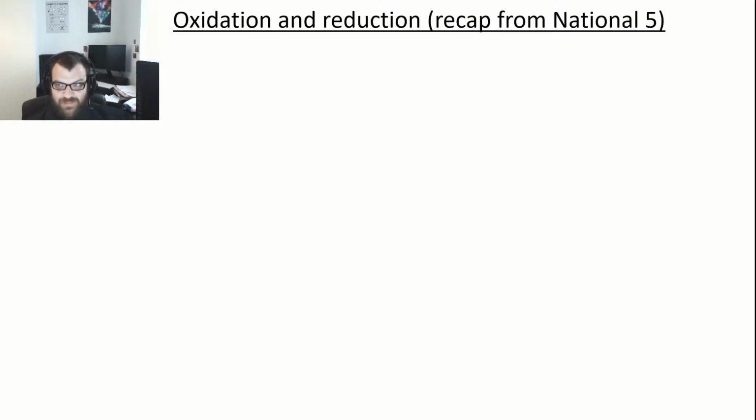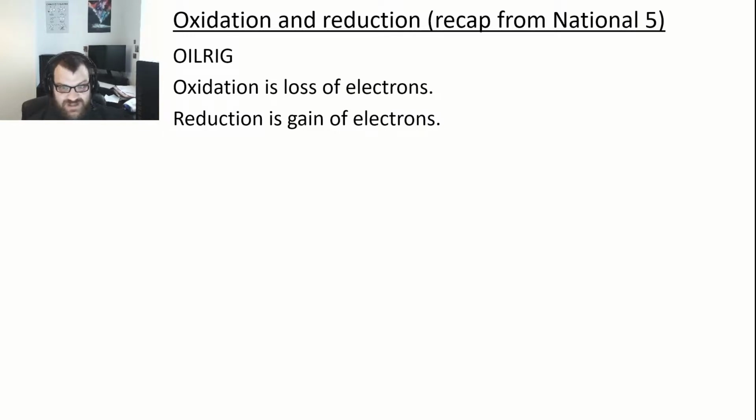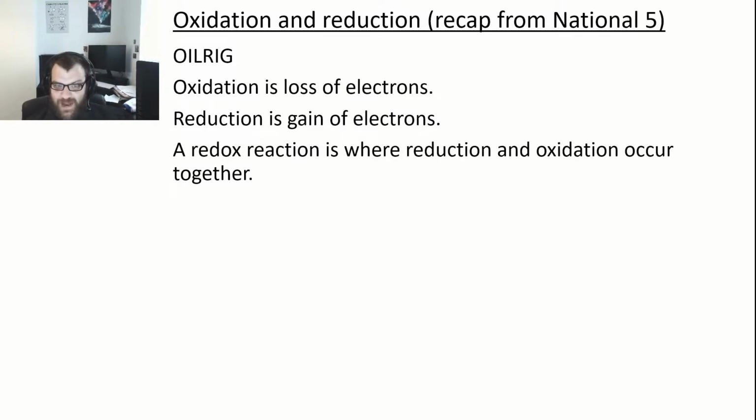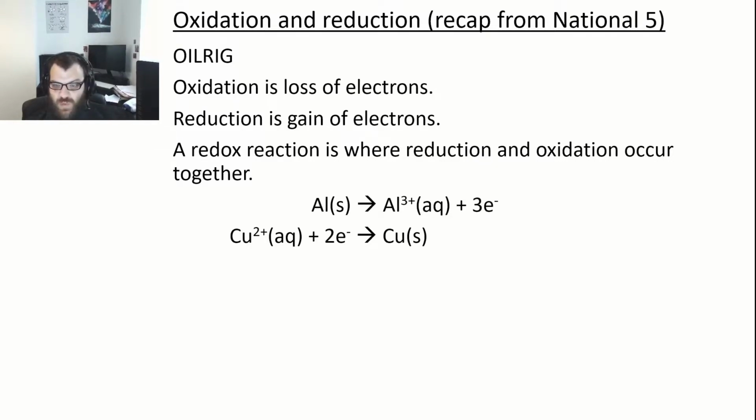Start off with a recap of National 5's oxidation and reduction. OIL RIG is a way that lots of teachers talk about reduction and oxidation, where oxidation is the loss of electrons and reduction is the gain of electrons. If both of these things happen in the same reaction, we have a redox reaction. Here we've got two chemicals, one of which is losing electrons, one of which is gaining electrons.